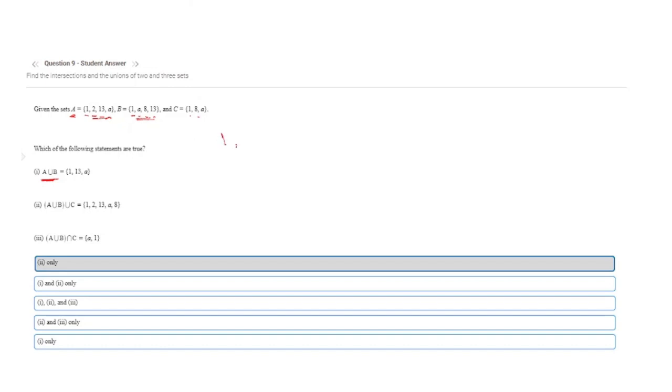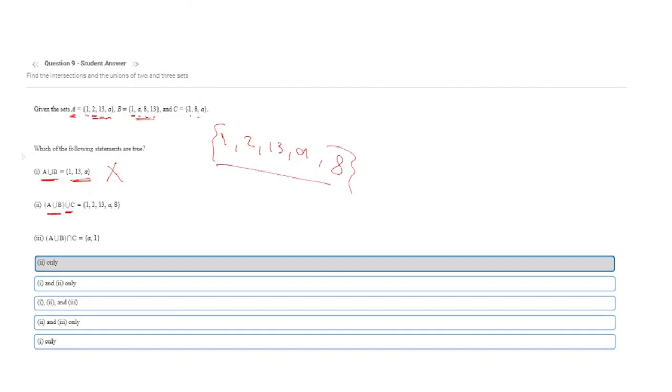So it will be 1, 2, 13, A. Okay. Then here 1 is there, A is there, 8 is not here, 13 is there. So this will be the set for A union B, which is here the missing is 2 and 8, which is the wrong answer. Here A union B, we already get it.